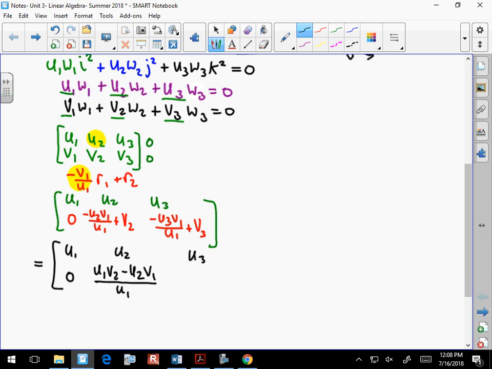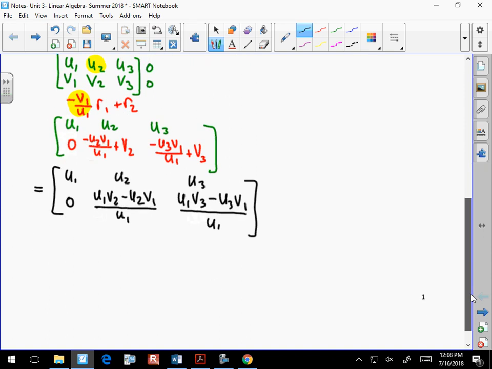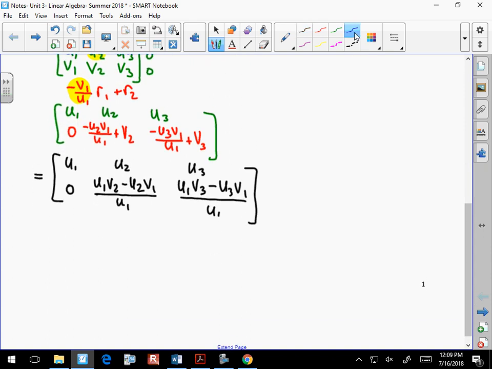U1 V3 minus U3 V1 over U1, maybe. Well, I'm going to leave off the zeros on the outside just because I'm going to forget to write them anyway.